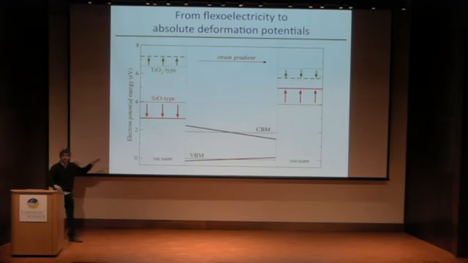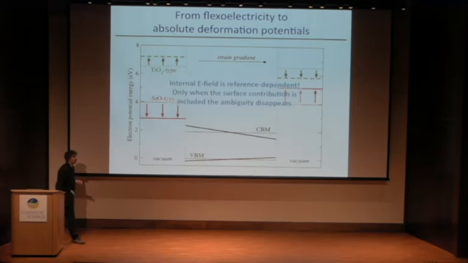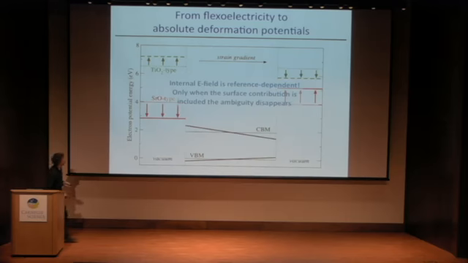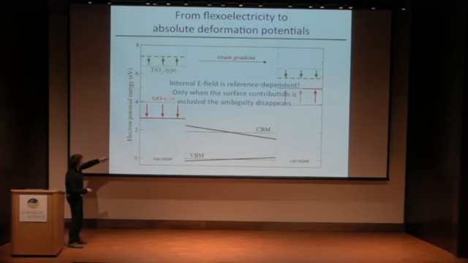They're not equal, which points to another fact that is quite remarkable in the case of flexoelectricity, and that challenges the interpretation of this phenomenon: the macroscopic internal field in the flexoelectric case depends on what I choose as the reference to define it.